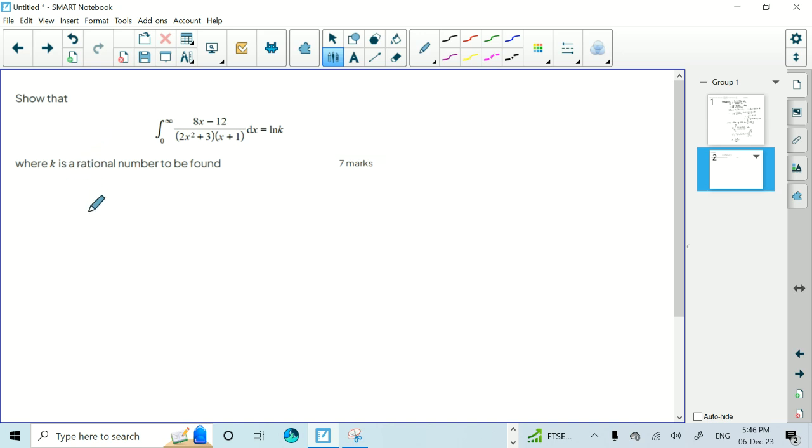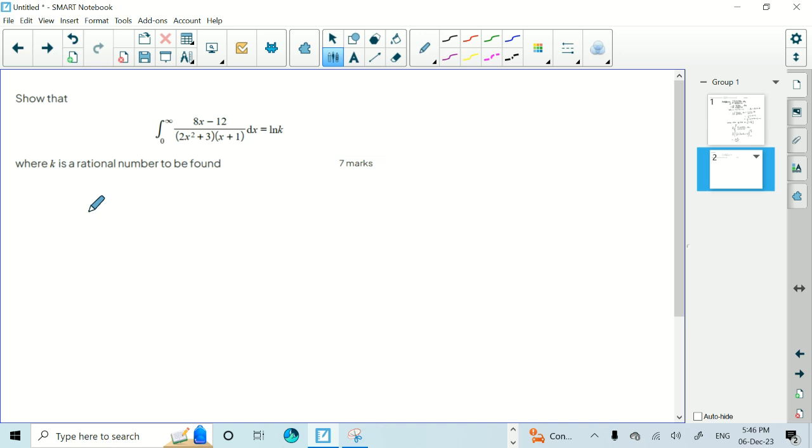And this is where we have improper integrals with, of course, limits to infinity, and convergent and divergent series. So let's have a look at this.